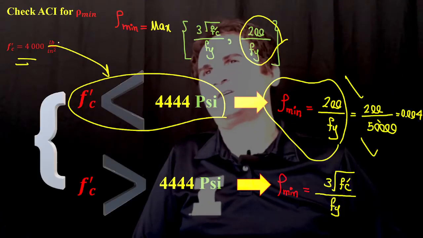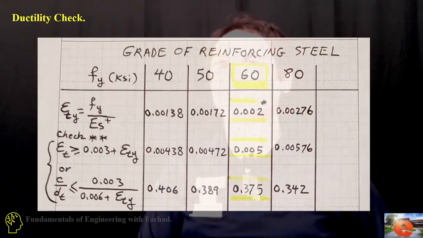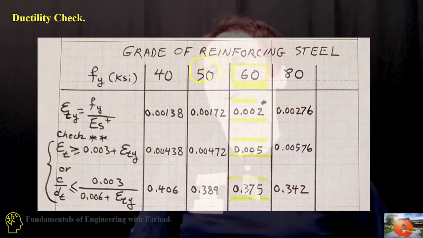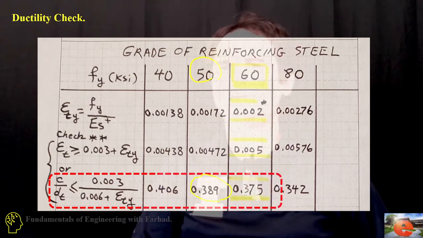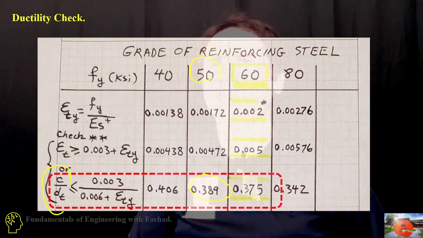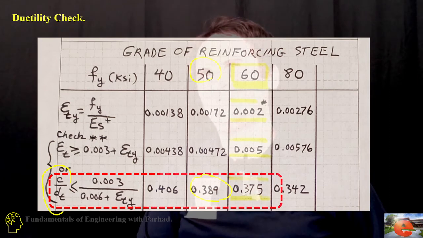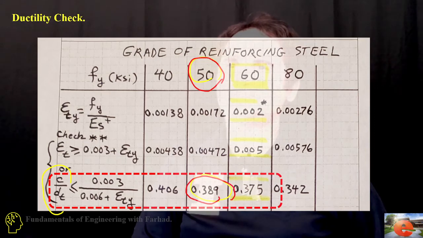The ductility check is based on the table for fy of 50,000.